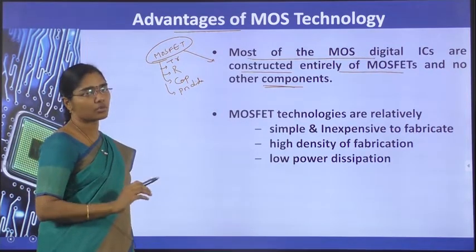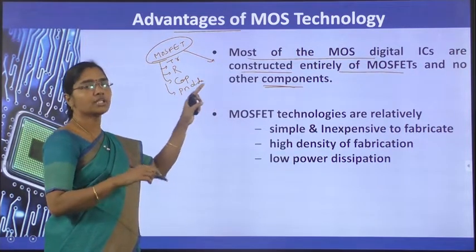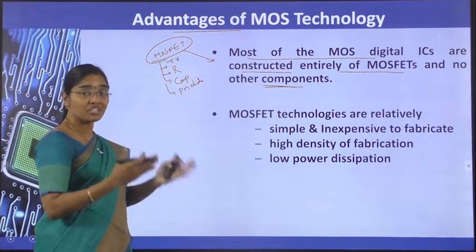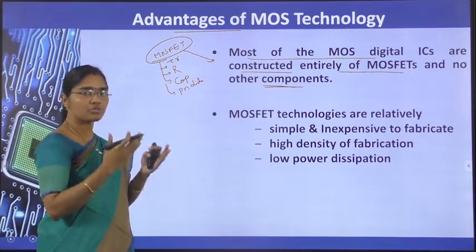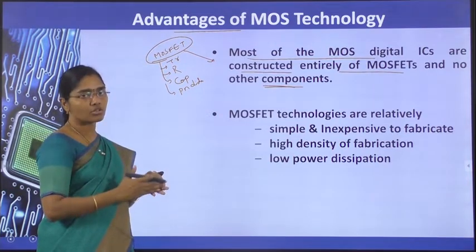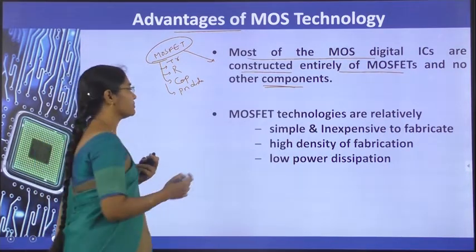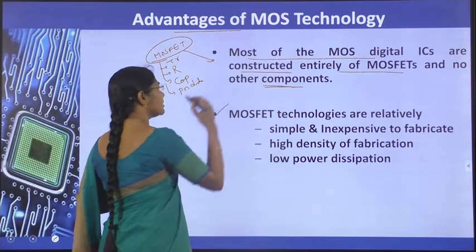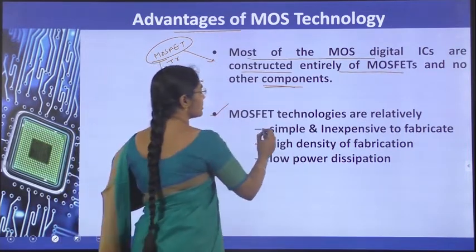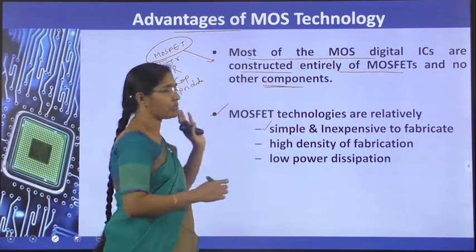This is the advantage. Because the same MOSFET is constructed on the floor, it saves area and gives symmetry in the layouts. So the design process is simple and the fabrication process is simple. Because of that, cost is less, and mass production is also possible. Having only MOSFETs on the entire chip, it is a simple circuit and inexpensive to fabricate.